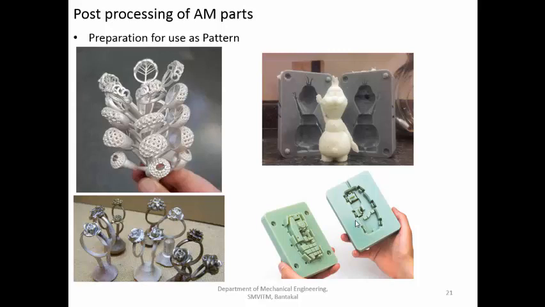Patterns made by the additive manufacturing process are also used in the sand casting process, because they give relatively good surface finish. You can straight away use the printed patterns to make the required casting. So you can make core boxes, you can make patterns. All these things are possible by using the additive manufacturing process.